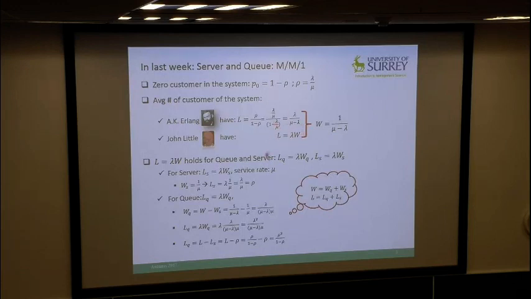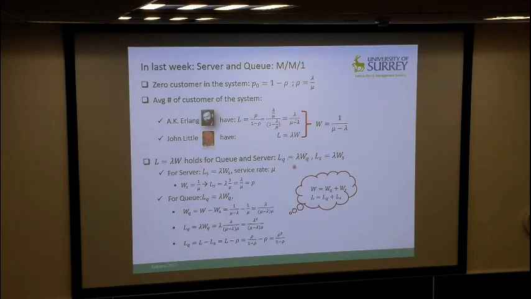But we can also calculate the average number of customers in the queue, that means how many customers are waiting there, and also how many customers are being served. So LS is the customers being served. S represents serve. And Q is the customers waiting in the queue. So we can calculate the two things respectively.